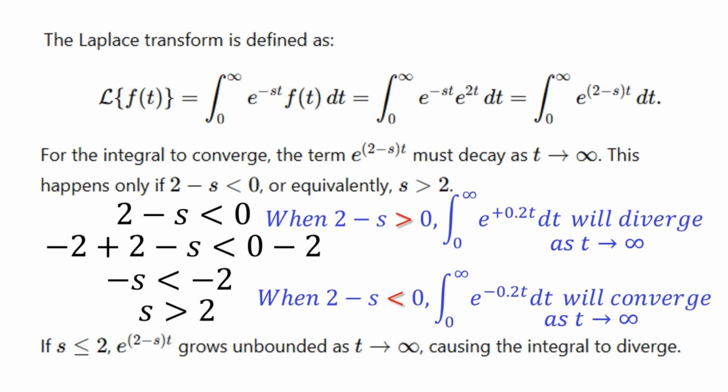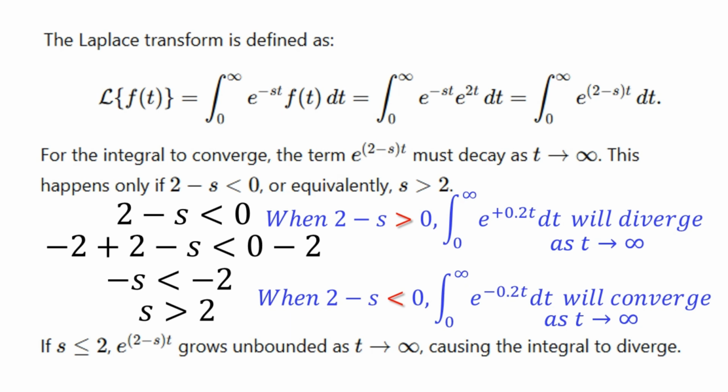So what we can now deduce from this is that the Laplace transform of the function f of t, which is equals to exponential 2t, does not exist unless x is greater than 2. So what we are trying to say is that the function exponential 2t has a Laplace transform, but this Laplace transform only exists if x is greater than 2.